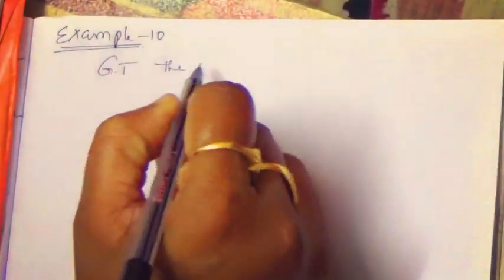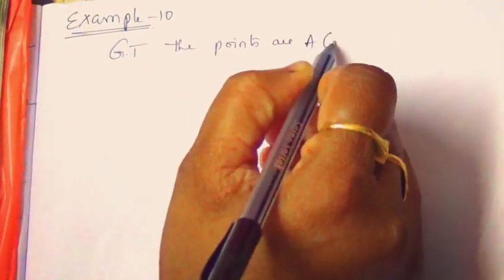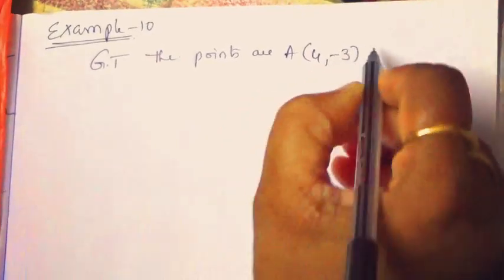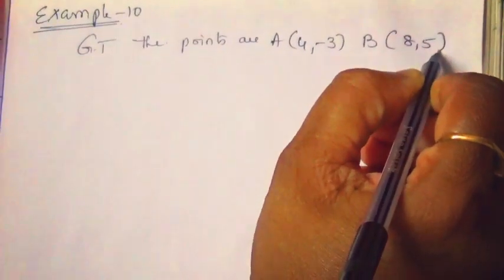Let us write the given. Example 10. So given that the points are A (4, -3), B (8, 5).